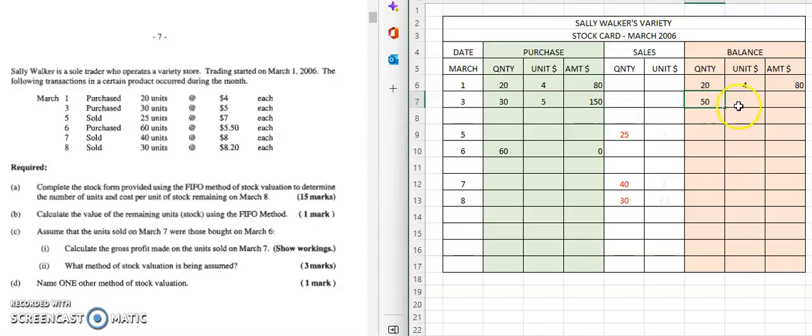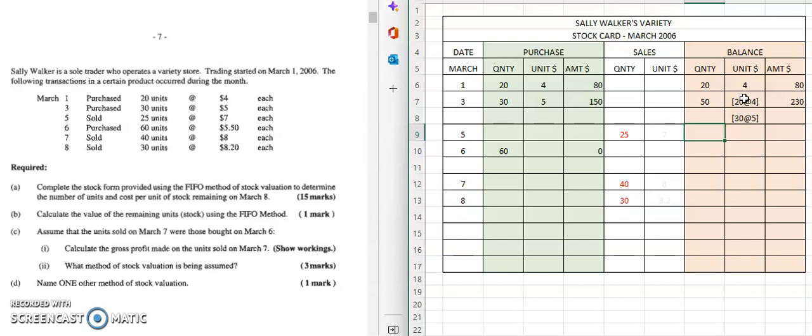And those 50 units, in case you missed it, if we could just jot it down here, will be 20 at 4 and 30 at 5. All right, so the total value of these 50 units would be 80 plus 150, which is $230.